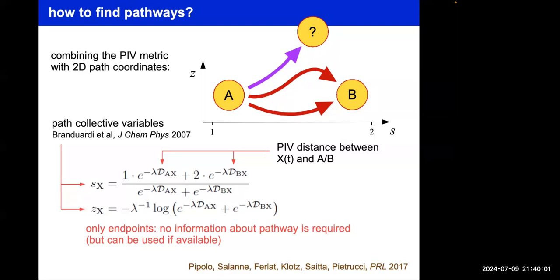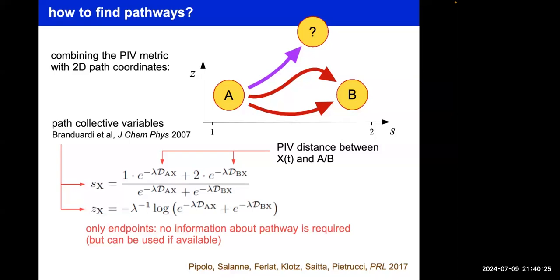So you have the possibility to have simple paths, quite direct, or complicated paths, and you can plot them in this two-dimensional space. The key ingredient, again, is a metric, a distance that tells you if two structures are similar or not. As a metric, we use the comparison of these huge vectors that I showed before. And with that, you can have a simple functional form of two continuous variables.